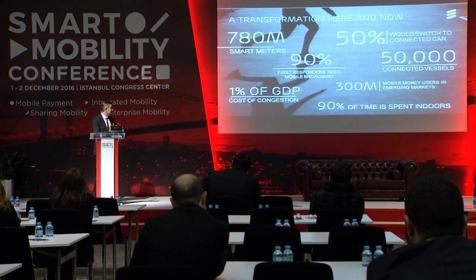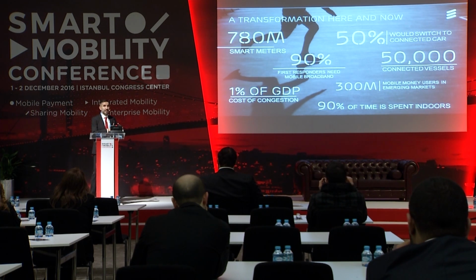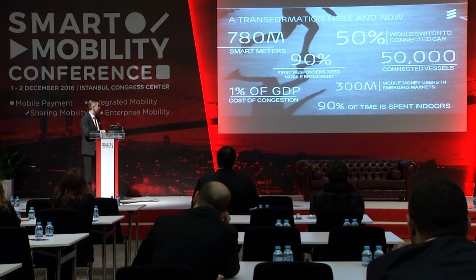And living in the urban environment, there's a serious cost of congestion, and we living in Istanbul very much know that. If you look at what that cost of congestion is, it's 1% of gross domestic product, or in Europe, it's actually 130 billion euro every year. 130 billion euro is about 20% or 25% of the Turkish economy, just to put it into perspective.